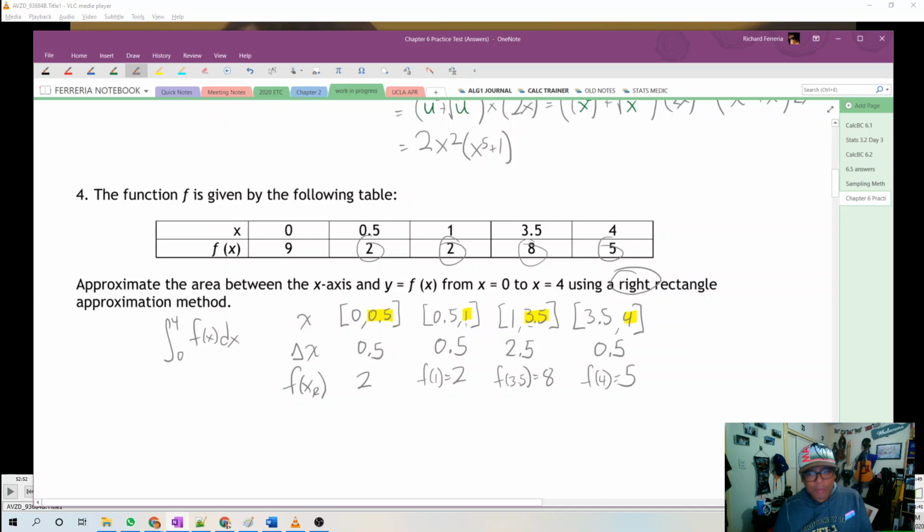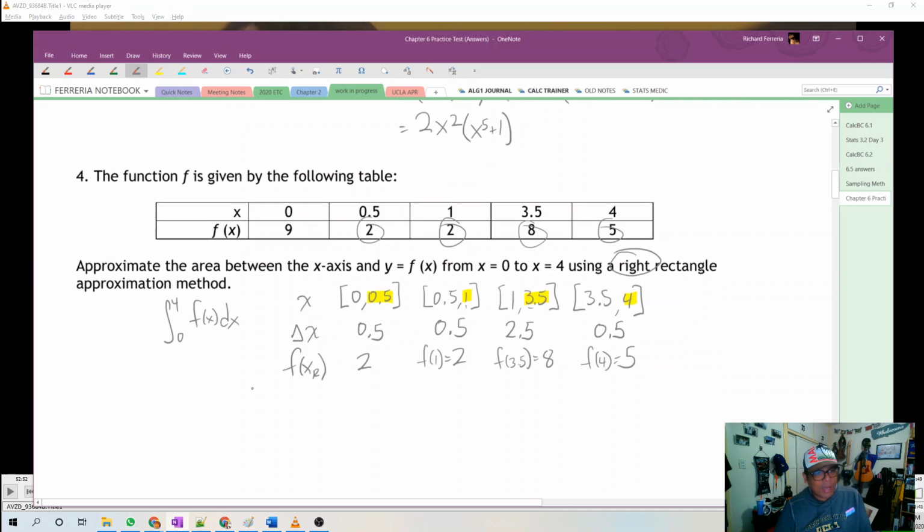So this is enough information for me to go ahead and write out my integral. The integral from 0 to 4 of f of x dx is going to be approximately equal to, and I always encourage you to write out the sum of products, 0.5 times 2 plus 0.5 times another 2 plus 2.5 times 8 plus 0.5 times 5.